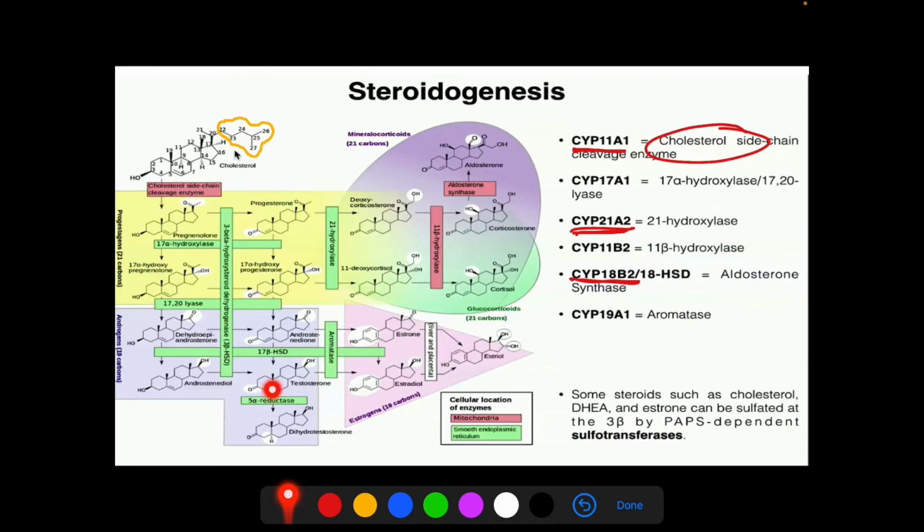Notice again that in dihydrotestosterone, you can no longer see the double bond here. A simple removal of that double bond increases the androgenic power of dihydrotestosterone by about 20 to 100-fold. So that's why it's the very strong or the most potent androgen among all of them. I hope you get it.